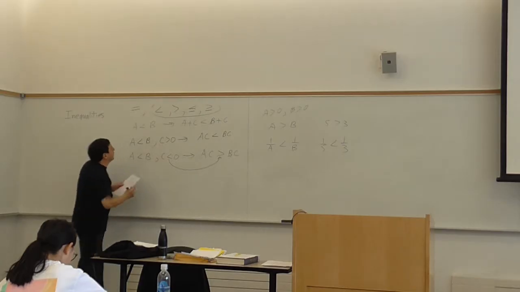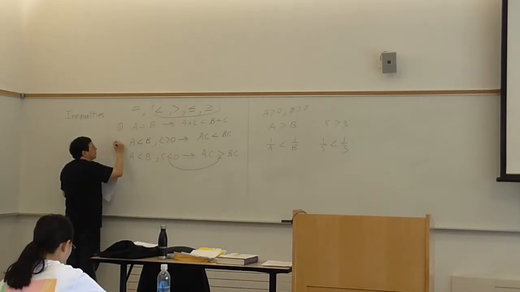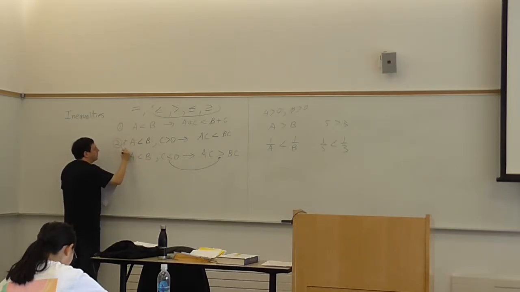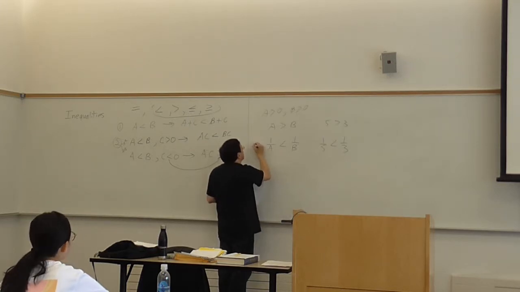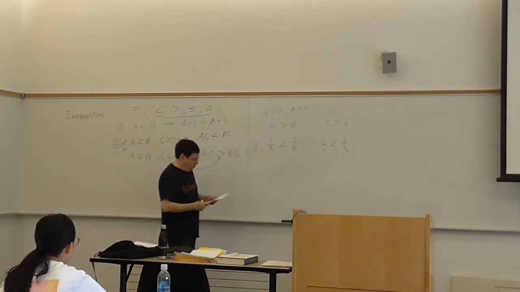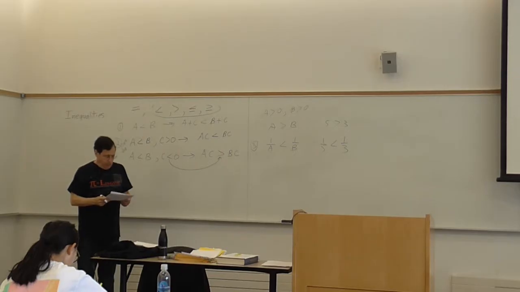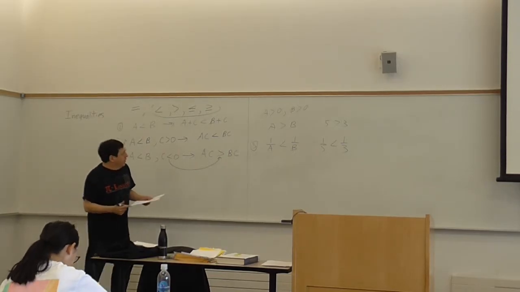So what do we have? We've got 1 rule, 2 rules, parts A and B, right? And we have a 3rd rule here. Okay.